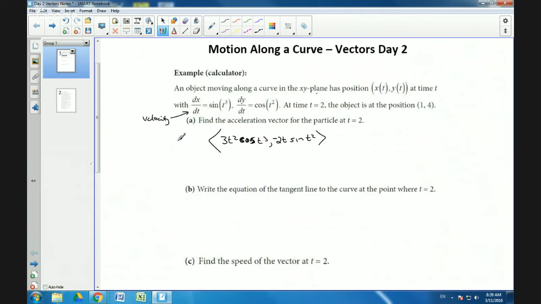So that is the acceleration vector. Feel free to note it as such. And then a of 2 is, plug it in. This is calculator friendly because we don't have a unit circle value to evaluate.